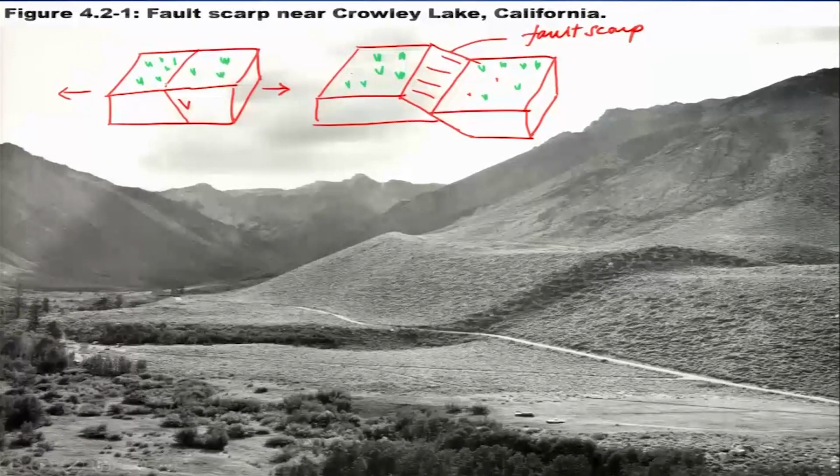The portion which you see here, okay, this is your fault scarp, the expression which you see on the surface. And since the block has moved down, this is your hanging wall and this is your foot wall. So, this has moved like that. Okay. This is termed a normal fault.